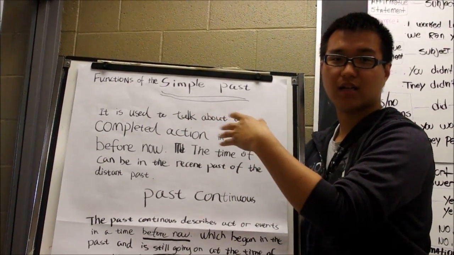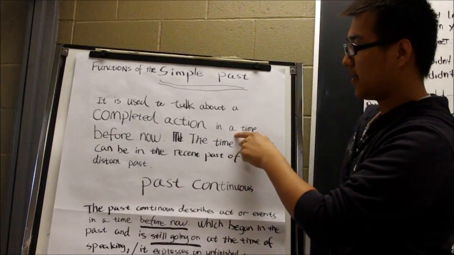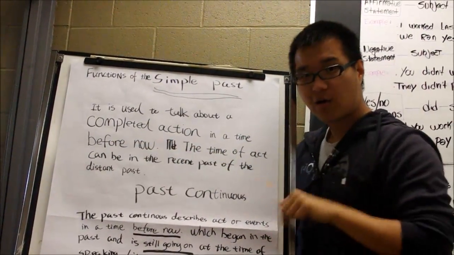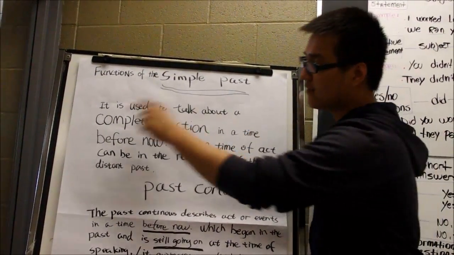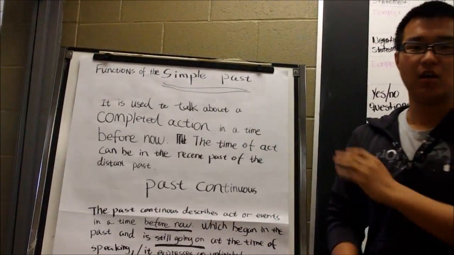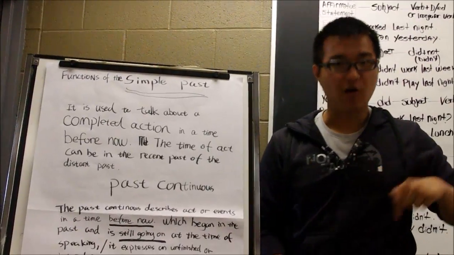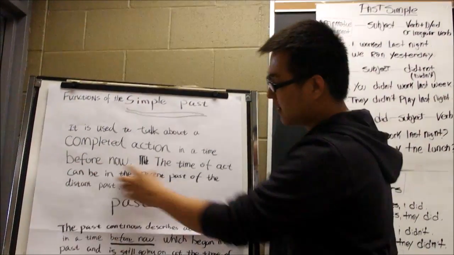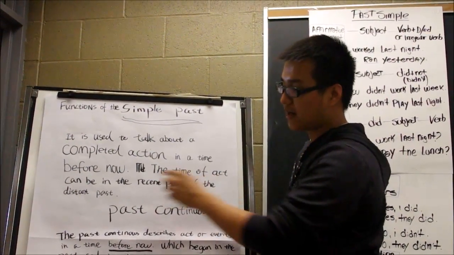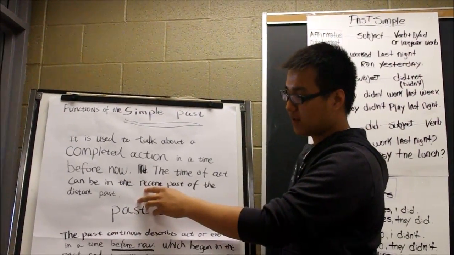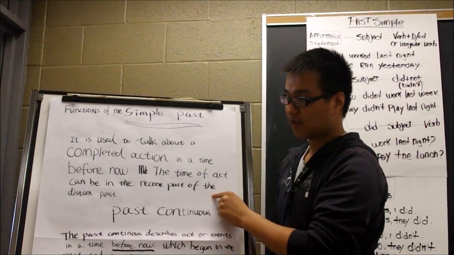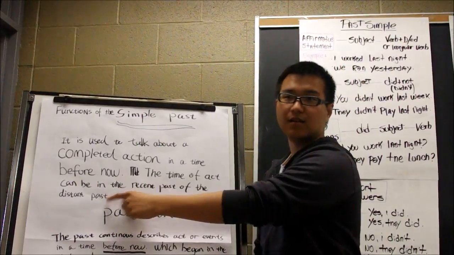That means it's finished, in a time before now. What does this mean? It means the thing happened and is finished before now. And the time of the action can be in the recent past or the distant past.